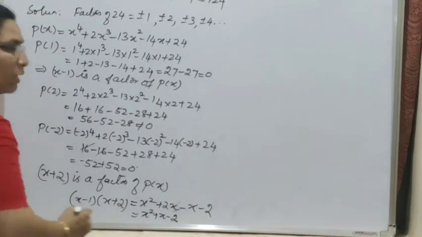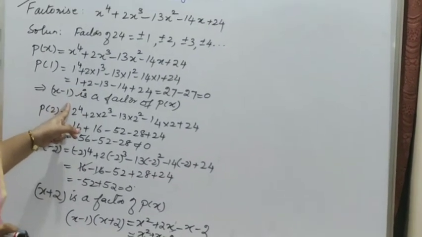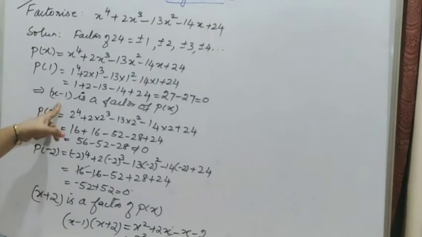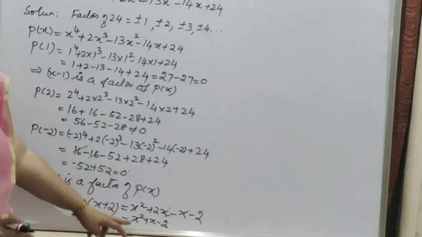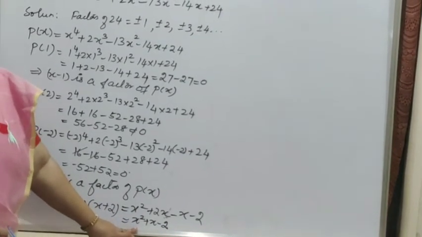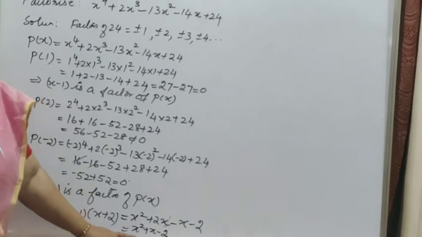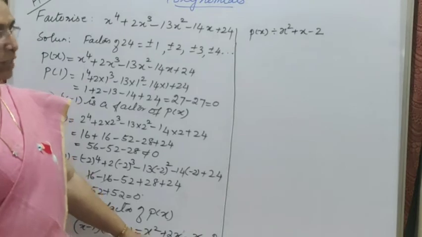This is your divisor. Last time just one term was there as a factor, so directly we used that as the divisor. This time we have got two, so we are taking the product, and that quadratic polynomial will be our divisor. Now we got the divisor as x square plus x minus 2. This is our divisor now.